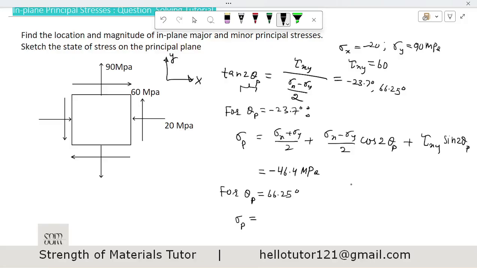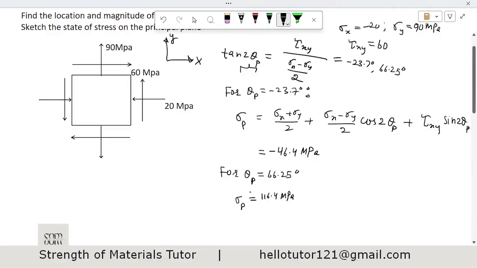So I have already typed the formula in my calculator, so I will only change the values. 2 times 66.25, and I will also change this to 2 times 66.25, okay. So I got approximately 116.4 megapascal, okay. Now I can say which is major and which is minor, okay.